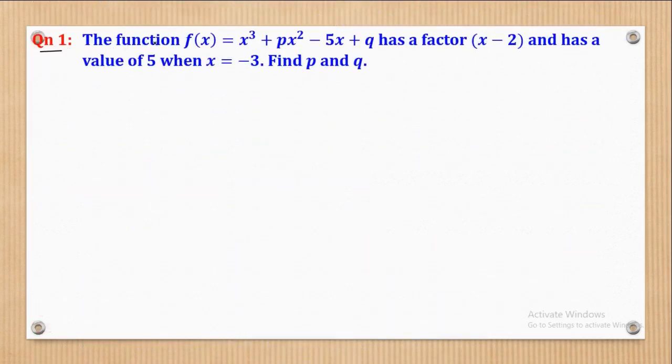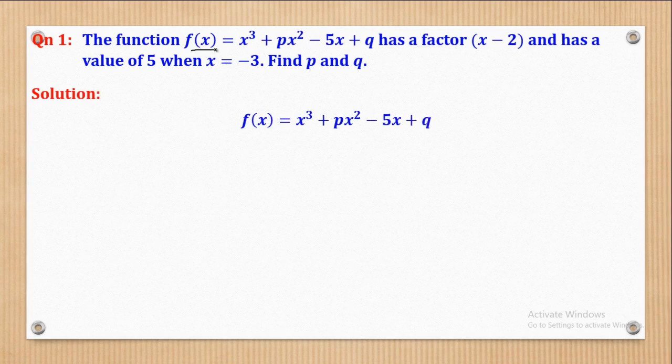Question 1 says, if f(x) is equal to this, has a factor this, and has a value of 5 when divided by this, find p and q. Now here they talked about the word factor. Factor means there is no remainder, or the remainder will be 0.